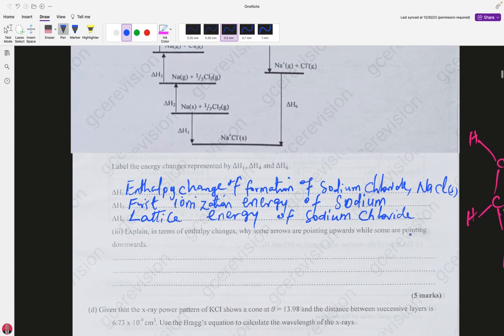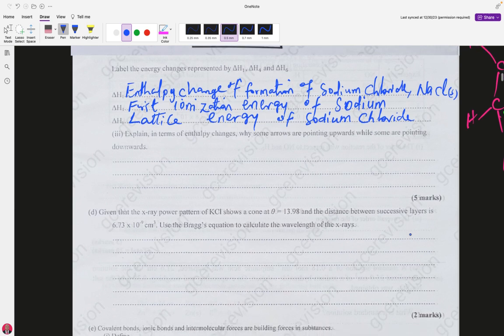So now we go to 3. Number 3 is: explain in terms of enthalpy change why some arrows are pointing upward and some arrows are pointing downward. As we said, it's very simple, and the direction of the arrows all have a meaning.